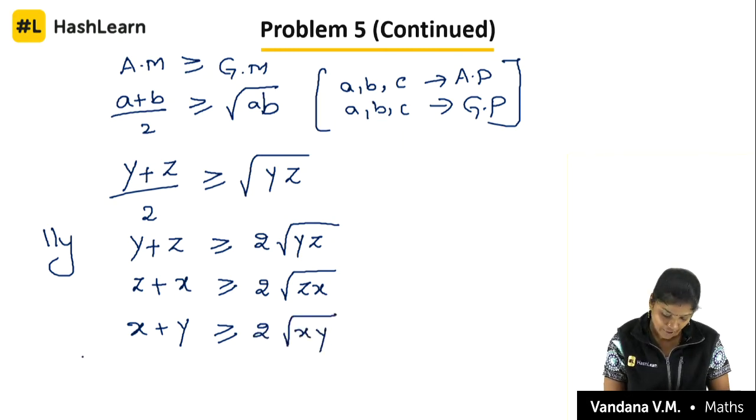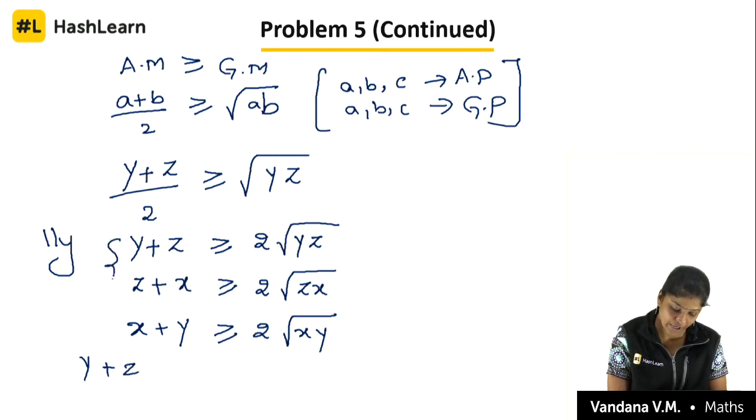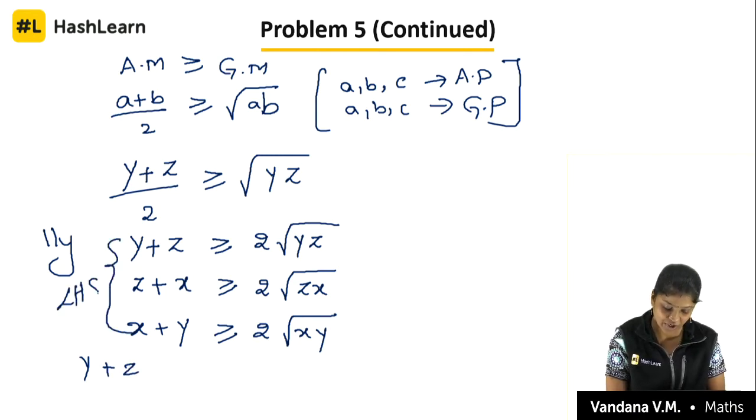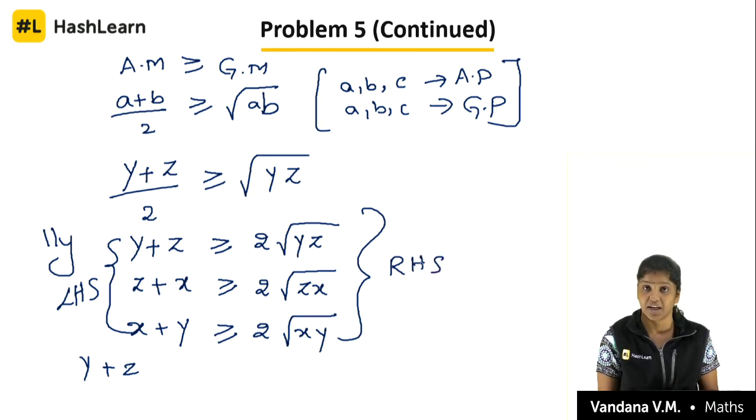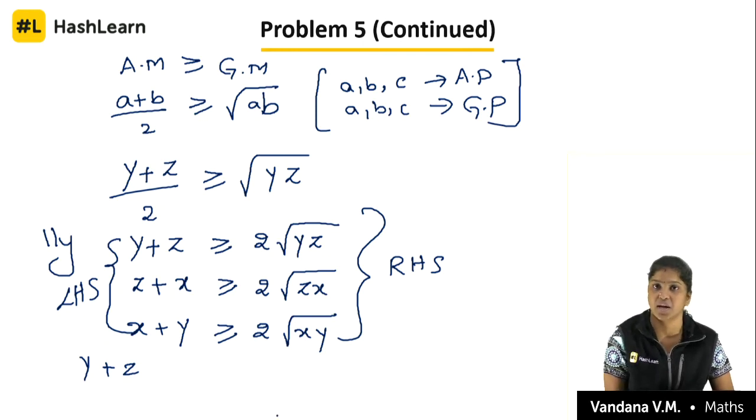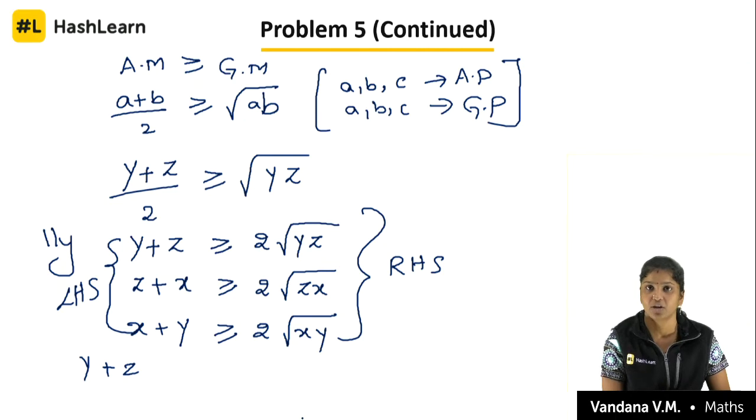Now multiply all these LHS and RHS, because they asked about less than or equal to. The relation between the arithmetic and geometric means is the only relation I am having, so with that only I can do the problem.